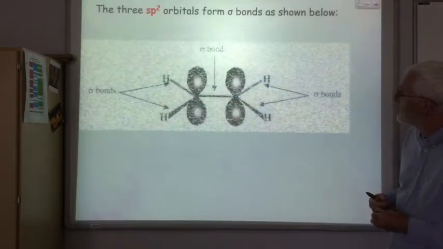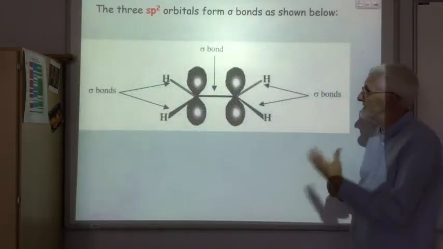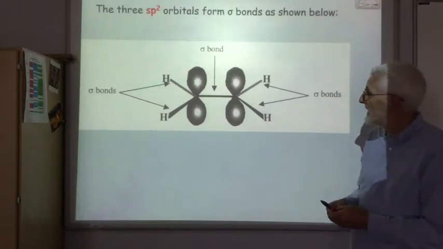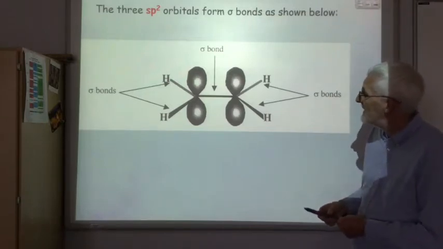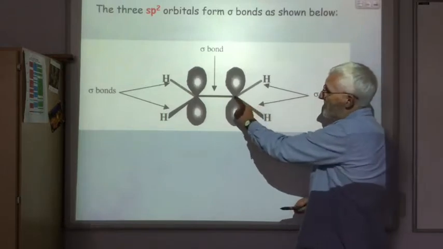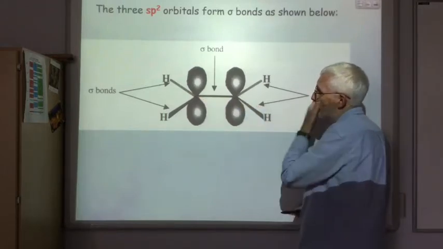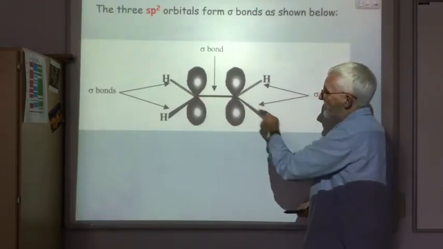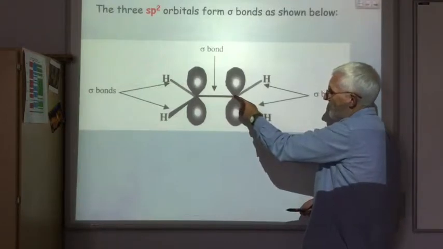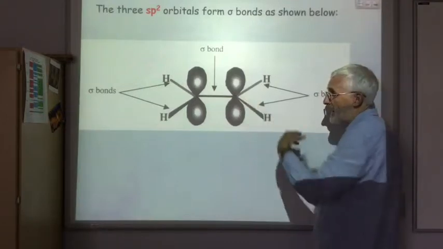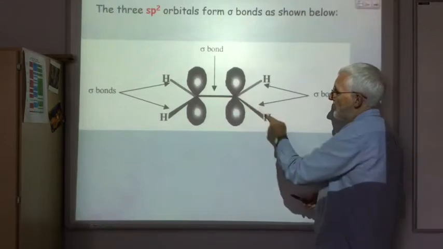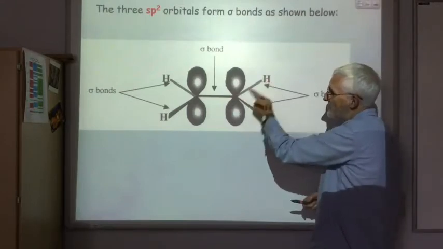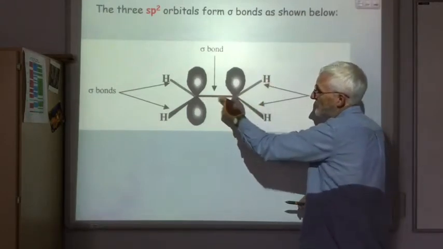Okay, so this is looking at ethene. So you've got a carbon atom there, a carbon atom there. This carbon forms 3 sigma bonds by end-on overlap. One with the hydrogen, second one with the hydrogen, and the third one with this carbon.